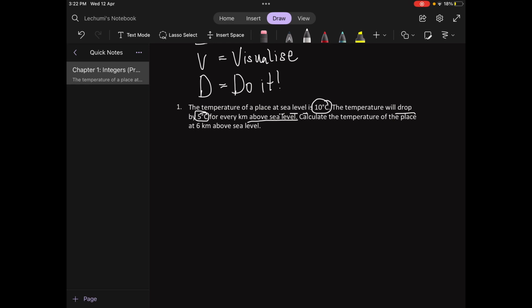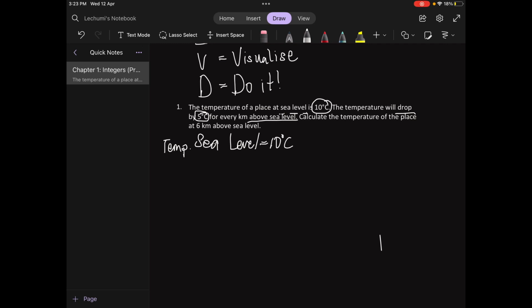So first, let's list out the information that we have acquired from the question. First is temperature at sea level. It is 10 degrees Celsius. Then we are also given the information that the temperature will drop by 5 degrees Celsius.